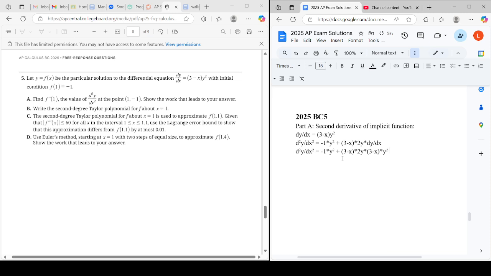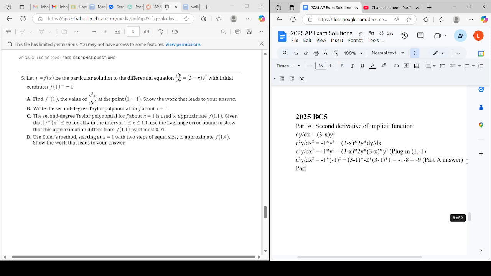And now we can just plug in the point, 1, negative 1. d squared y over dx squared equals negative 1 times negative 1 squared plus 3 minus 1 times negative 2 times 3 minus 1 times 1. And this would be negative 1 minus 8 equals negative 9. That answers part A. This would probably be 2 points.